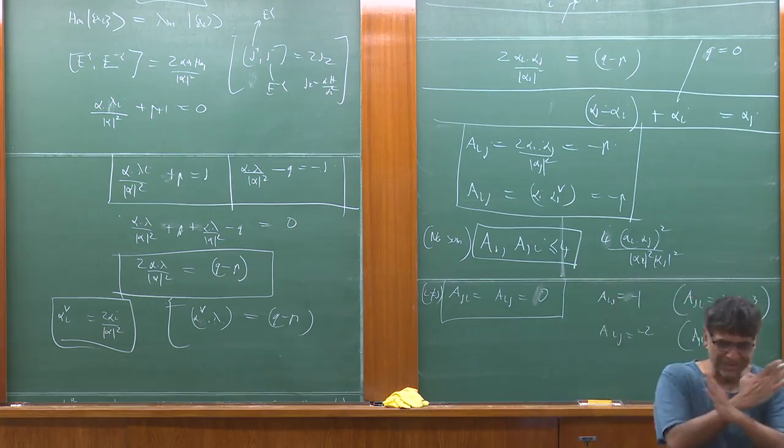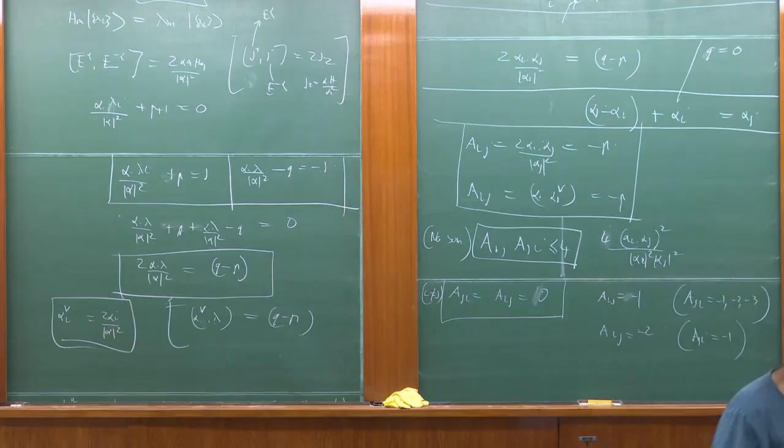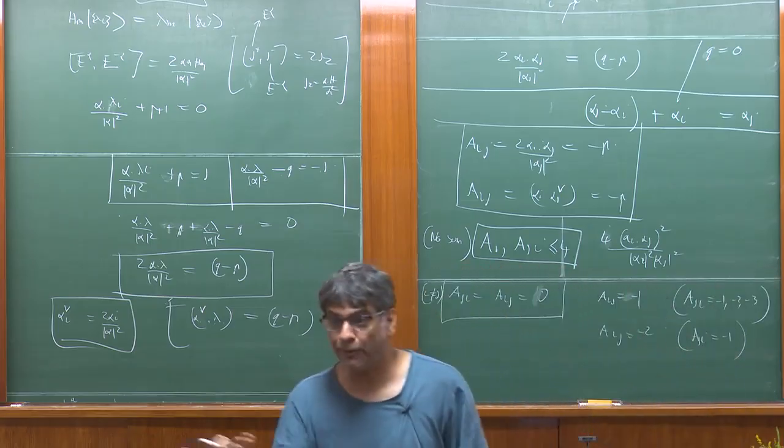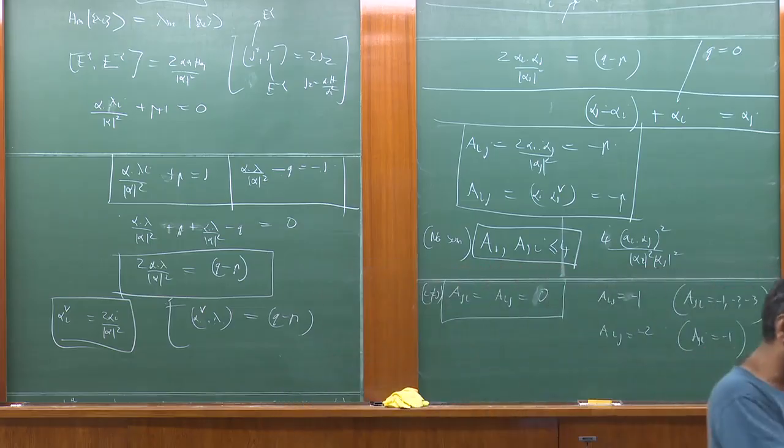At least for the ones with non-zero dot product, the ratios of squared norms are 1, 2, and 3. Because you could have 1, 1, you could have 1, 2, or you could have 1, 3. That's it. So we've already started seeing an important result. We've not really seen it for the ones which have zero relative dot product. That requires more proof.